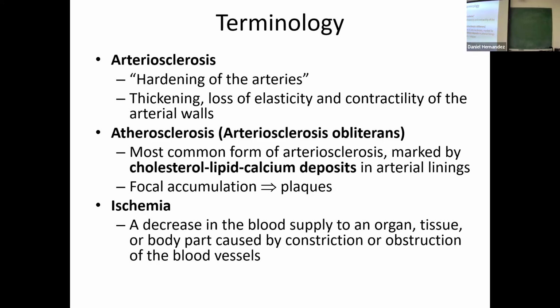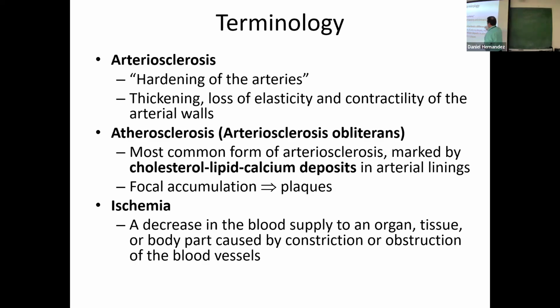This is when the arteries lose that elasticity, that contractility. Atherosclerosis is the depositing of fatty plaques, the lipid cholesterols, into the arterial lining. The process of atherosclerosis, when those plaques are deposited into the arterial walls, leads to the narrowing, but it also leads to arteriosclerosis, the hardening as well.